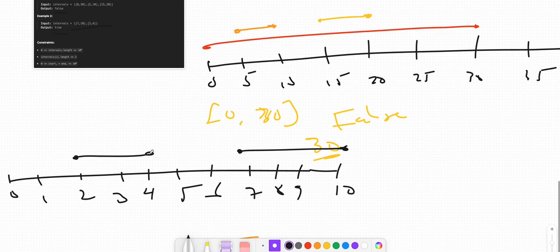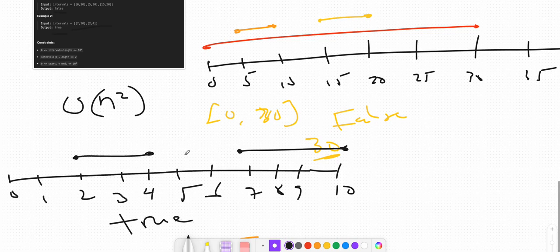Again, this is a situation where we really have to sort by the meeting start time, so we can start from here. Otherwise, we would have to loop through all and get an O of n squared solution, right? So the first meeting starts at 2, ends at 4, and the next one starts at 7. So clearly we can attend all these meetings, so this will return true.